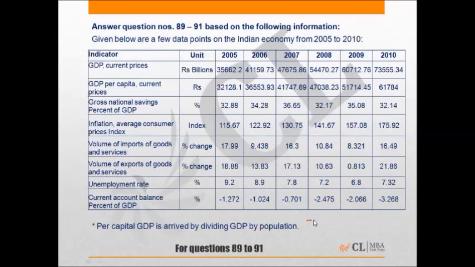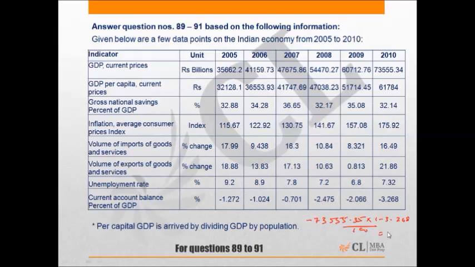So current account balance in 2010 will be GDP, which is 73,555.34 billion into minus 3.268 upon 100.